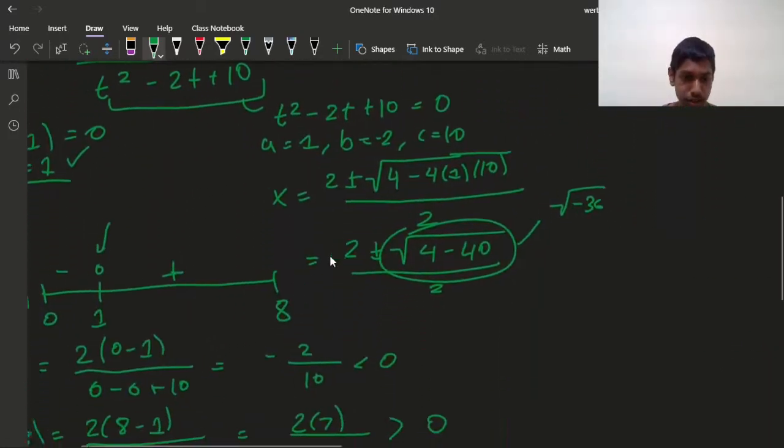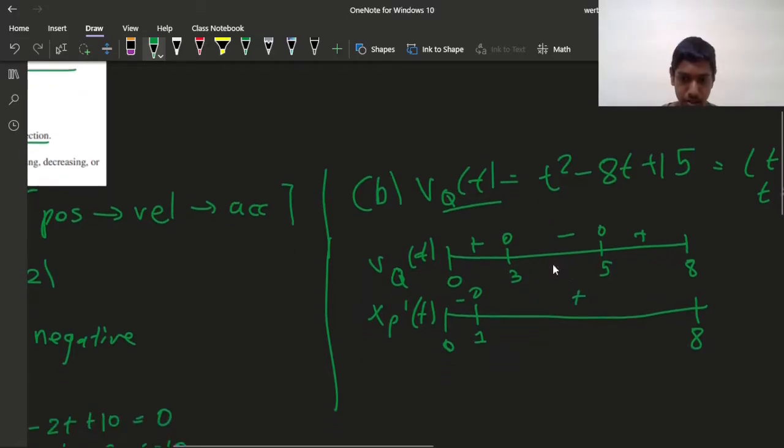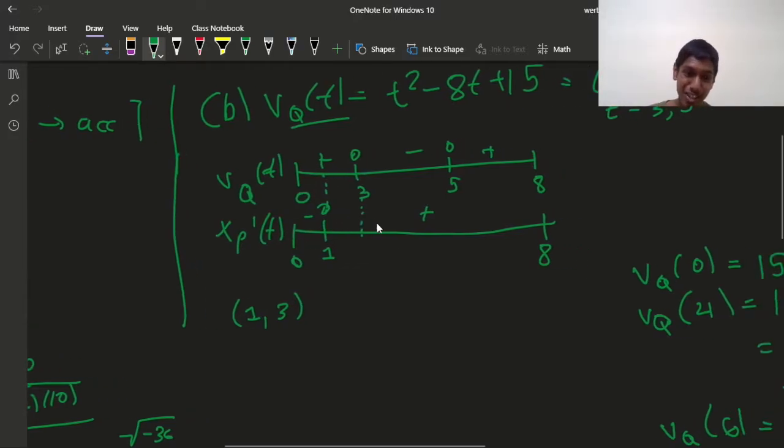So again, let's fill in our information. We have 0 right there, negative, and then positive. Now we just compare. From 0 to 1, particle Q is traveling to the right, but particle P is traveling to the left. But from the open interval 1 to 3, Q is traveling to the right, and P is traveling to the right.